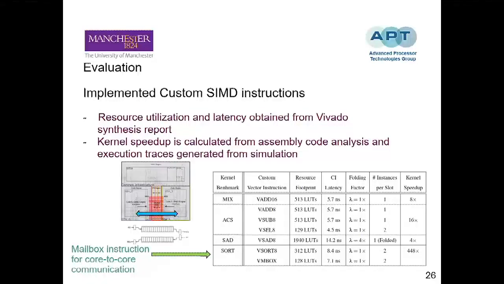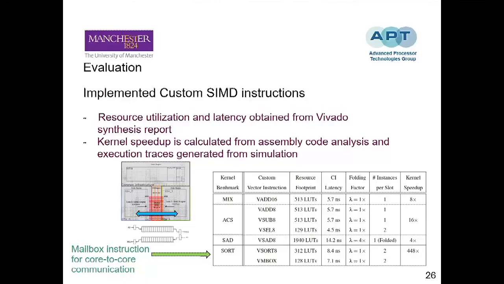For the evaluation of this architecture, we generated some custom vector instructions, for motion estimation and some other operations that are very widely used in media. And we saw that we were able to get substantial kernel speedups.